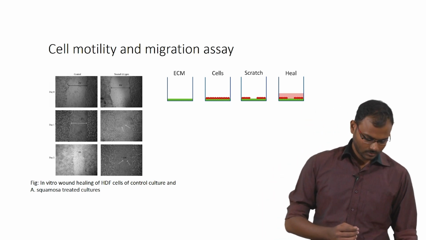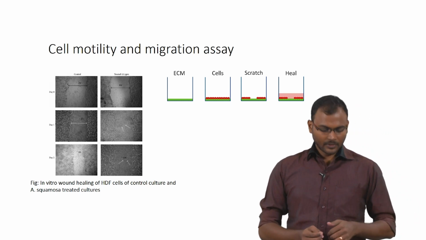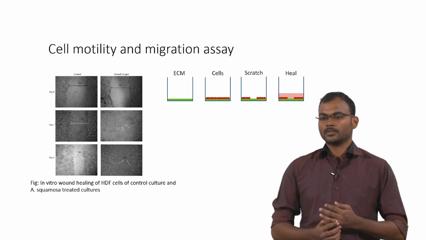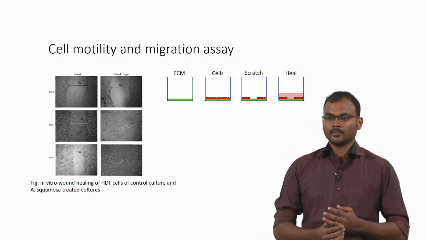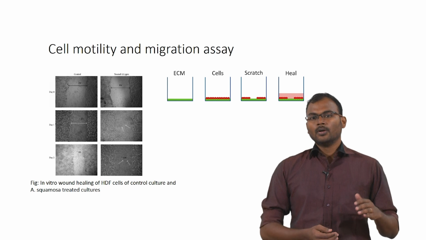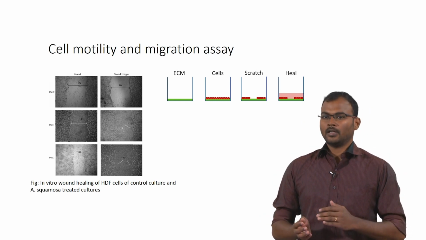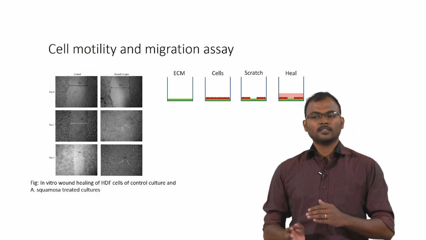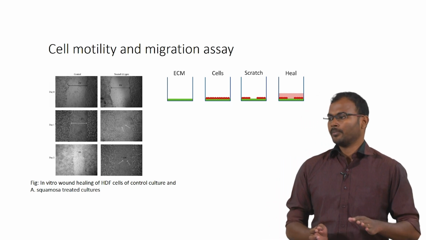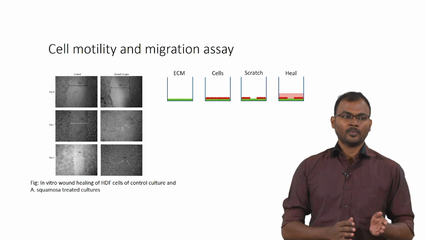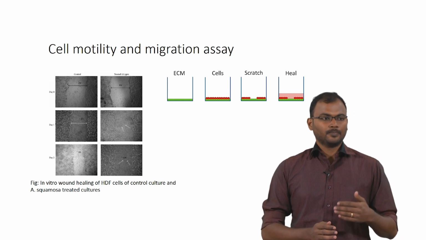Like what were those HDF? HDF is human dermal fibroblast. It is a skin cell. Whatever material you are using, if it is non-toxic to one type of cell, it doesn't mean it is non-toxic to all types of cells. Each cell has a different property and different mechanism.